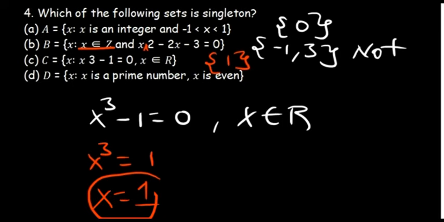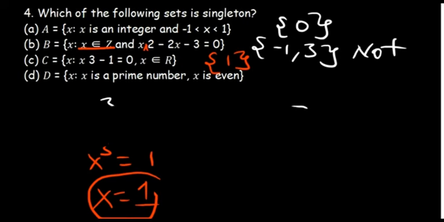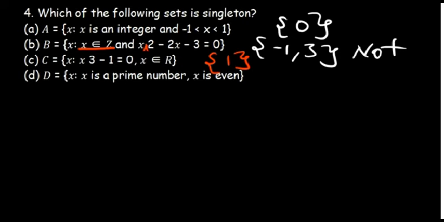Then for the last one, x is such that x is a prime number and x is an even number. We need to understand what prime numbers are and what an even number is. A prime number is a number that is divisible by 1 and itself. It only has two factors.